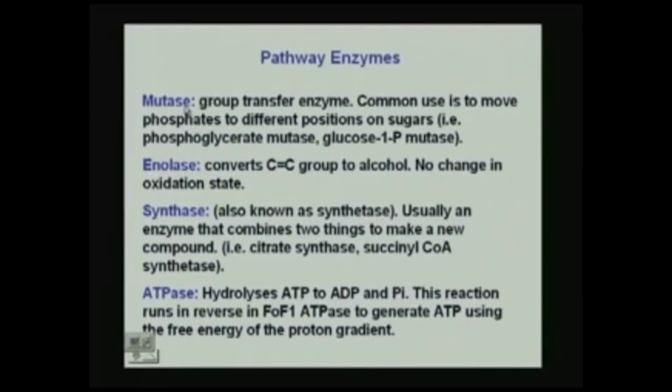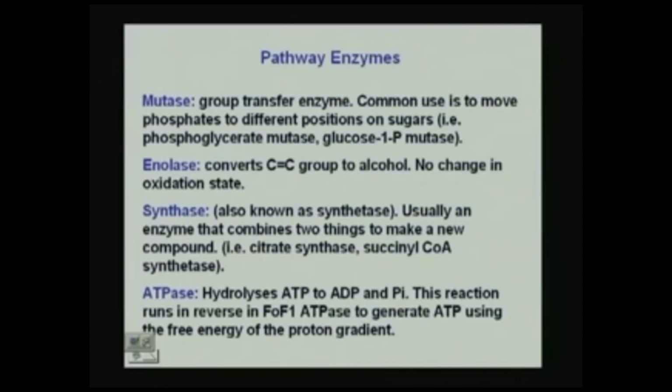We have mutases that are group transfer enzymes. They transfer phosphate from one position of the substrate to another position. Say you have a glucose 1-phosphate. To form a glucose 6-phosphate, you will need a mutase.